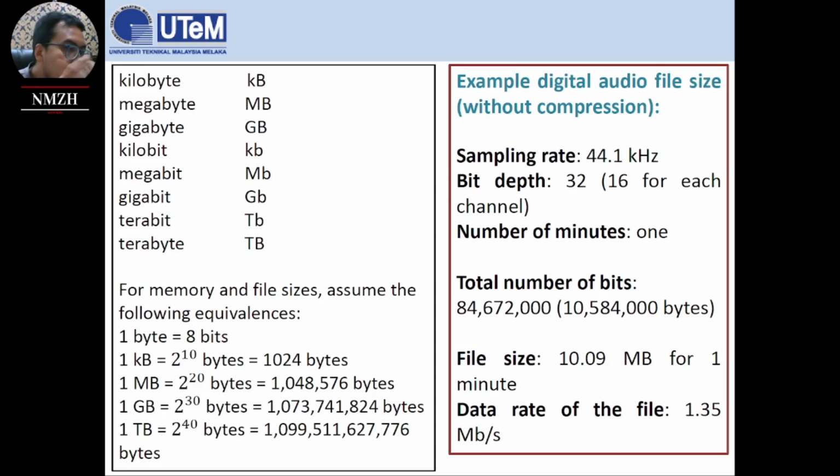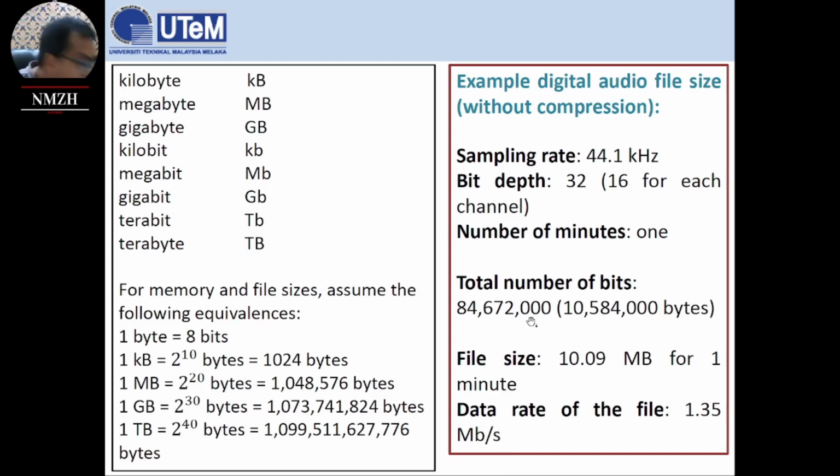In order to differentiate between file size and data rate, this one can be tricky at some points. We need to analyze the size and data rate. The size is obviously in capital B, bytes, but the data rate is in small b, bits, sorry. So the bits are taken from here, 84,672,000, and will be divided by 60 because of seconds.